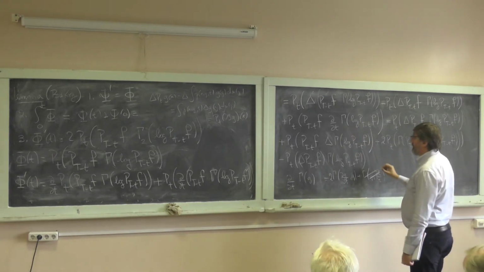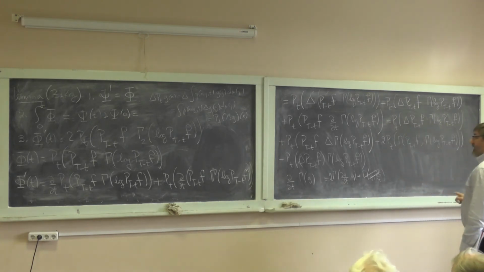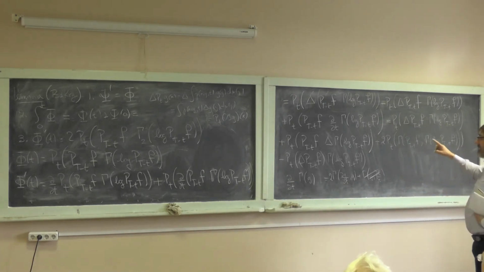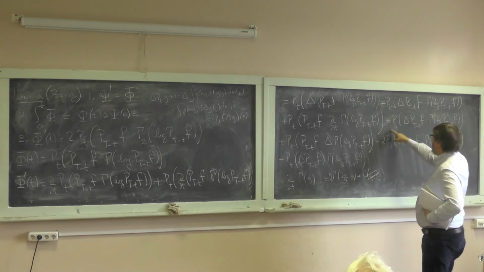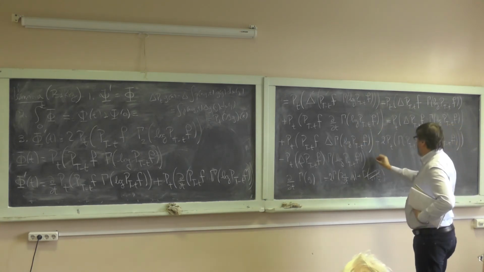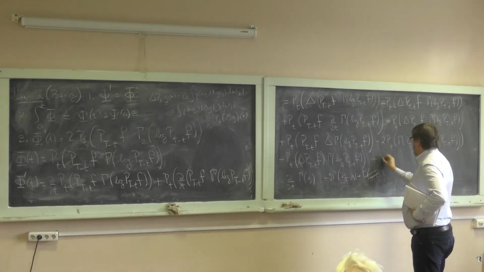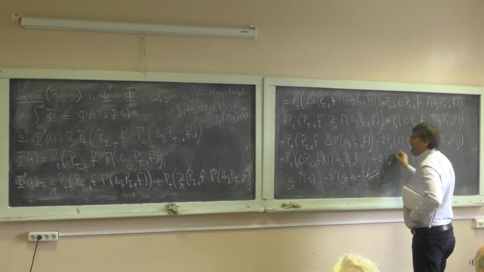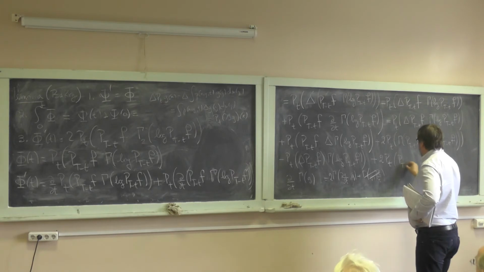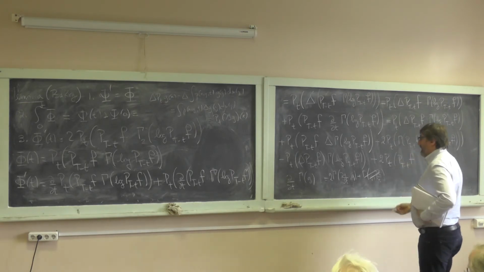So we get, let's see, where is the equality? Right here. So I'm writing the last term. So I get plus twice p_t p_{t-f}.